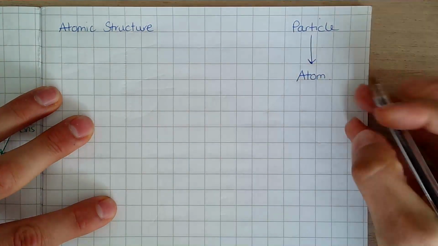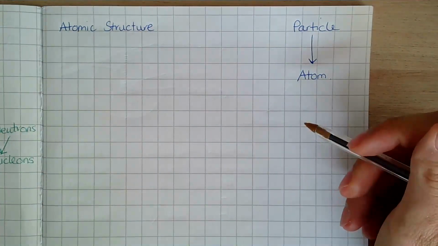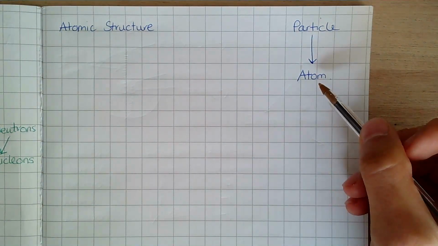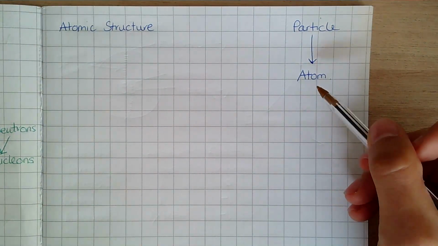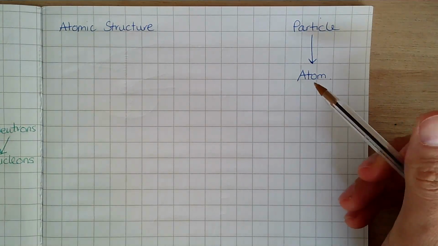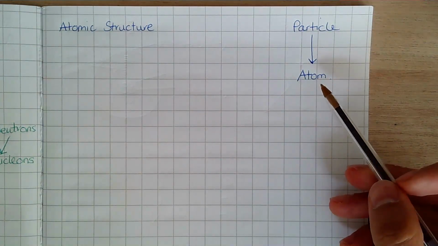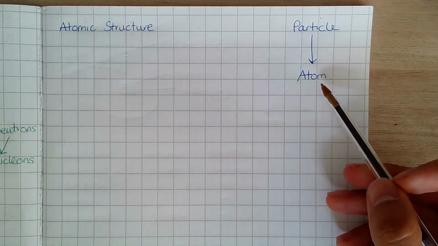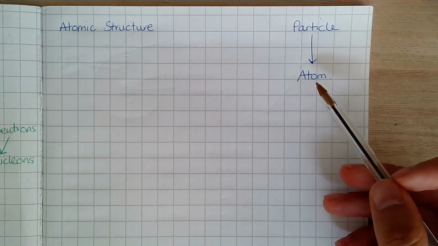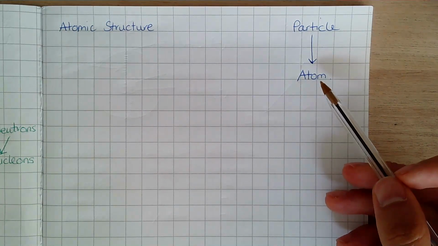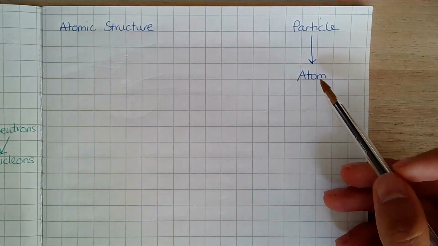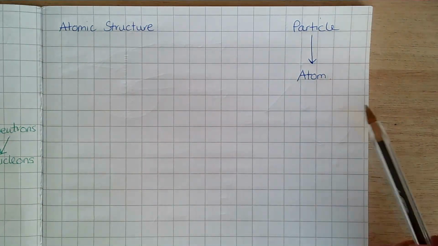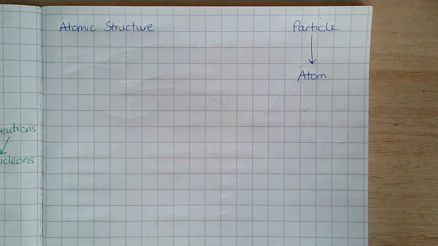Now, the word atom comes from ancient Greek. Democritus, who was a philosopher in ancient Greece, came up with a word, atomus, and atomus meant undivided. So what we're saying is an atom is a particle that cannot be divided.